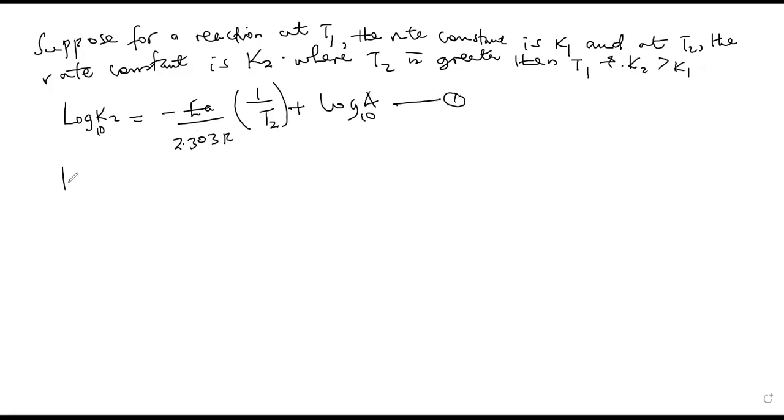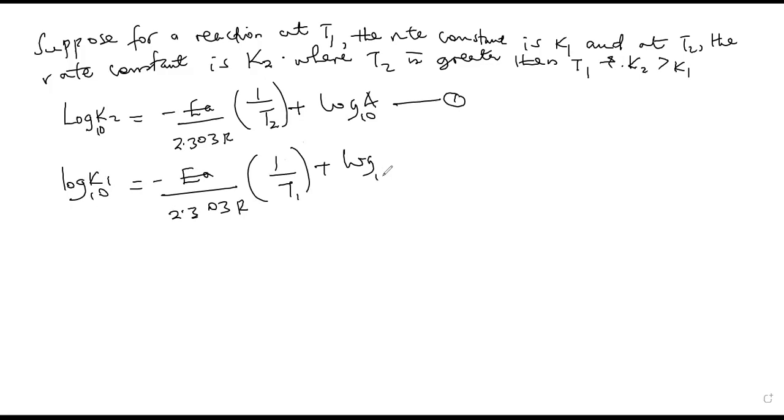Then for equation 2, log 10 of K1 is equal to negative EA out of 2.303 R times 1 over T1 plus log 10 of A. You call this equation 2.